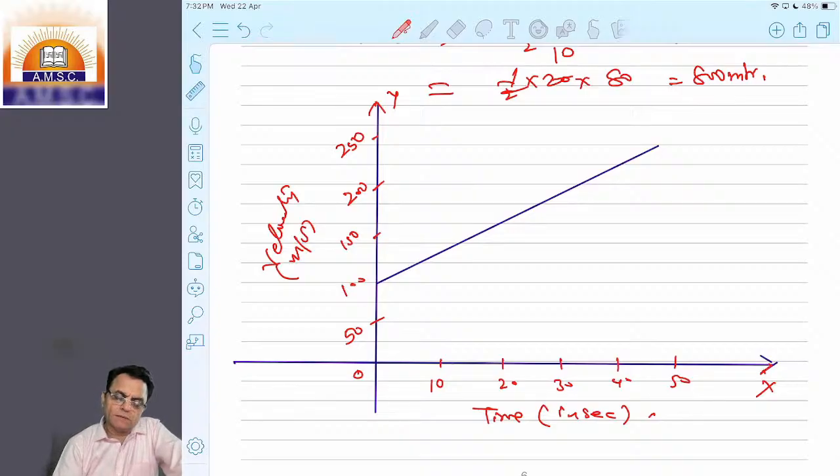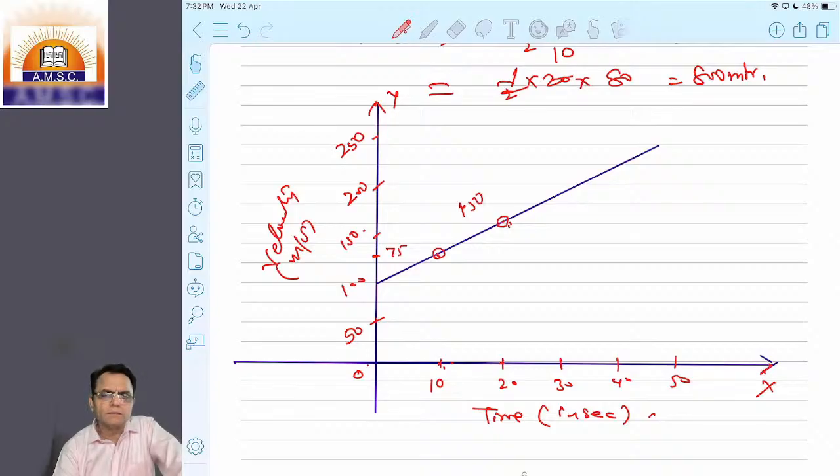मैं कहता हूँ, speed is considered to be 50, 0. So this value is 75. Right? So this value is 150.